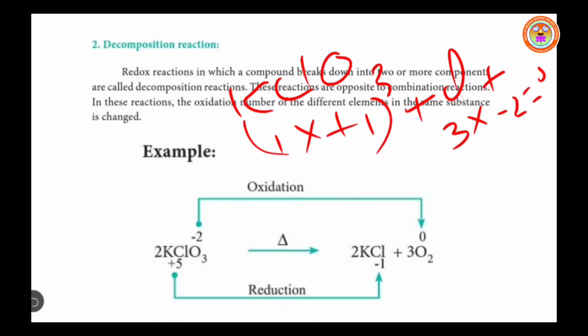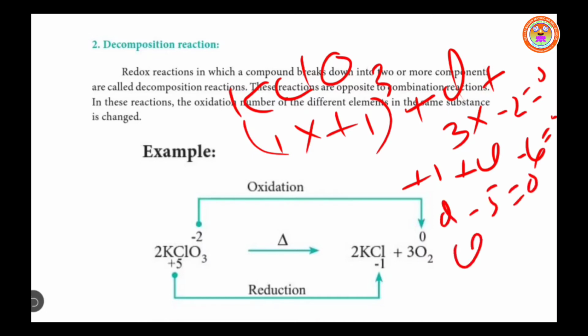So +1 plus Cl plus 3 into -2, which is -6, equals 0. So +1 minus 6 is -5. That is Cl minus 5 equals 0. Therefore, Cl is +5. So the oxidation state of chlorine in KClO3 is +5.